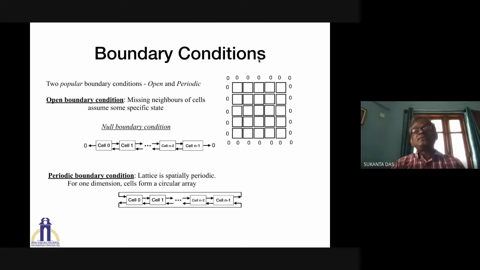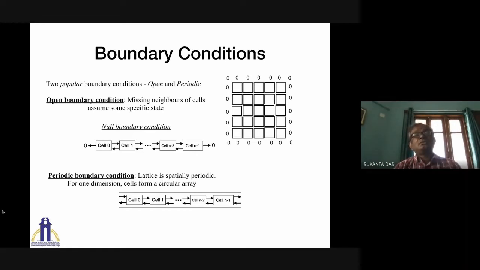On the other hand, in case of periodic boundary condition, the lattice is spatially periodic, right? You can see here that in case of periodic boundary condition, as if the cells form a circular array.